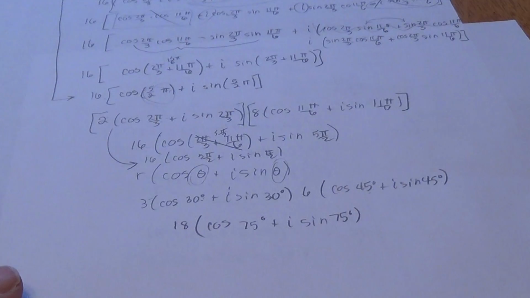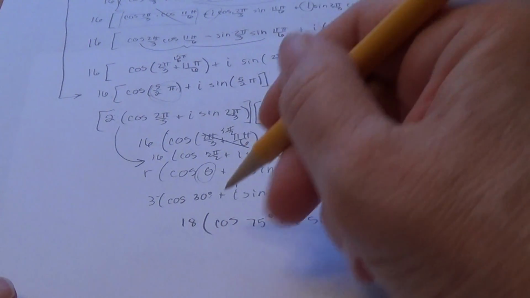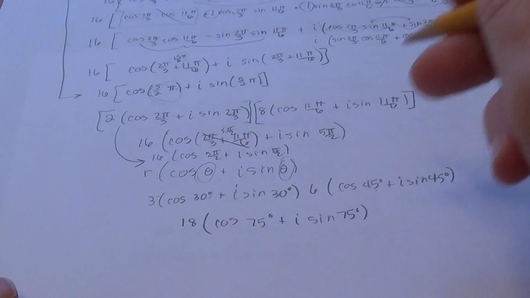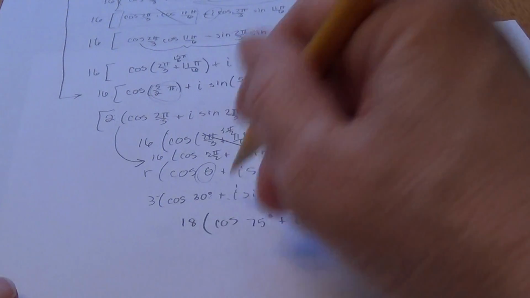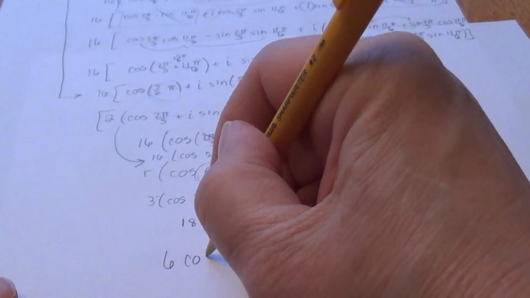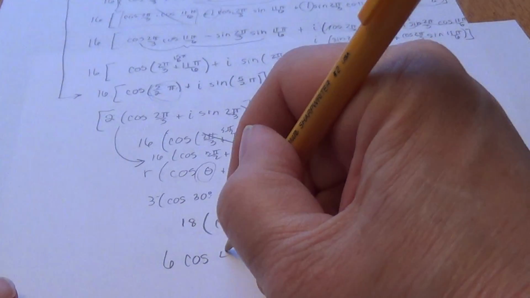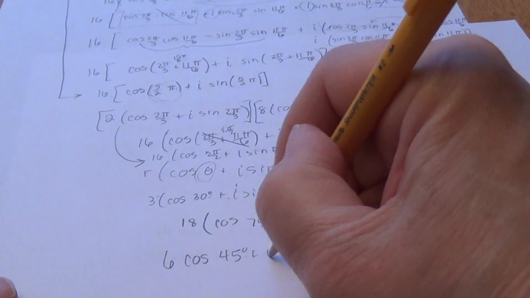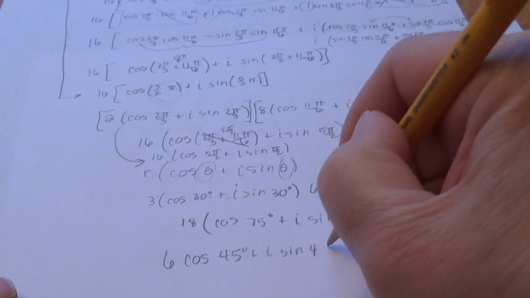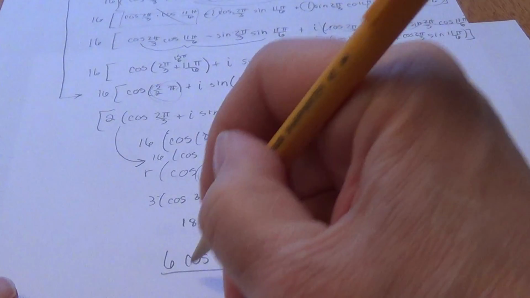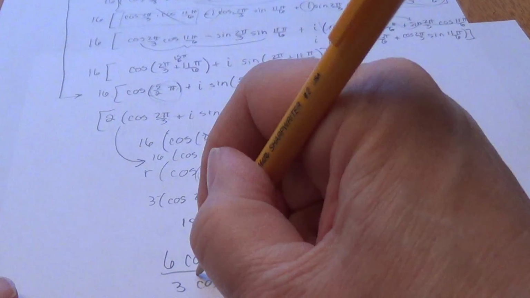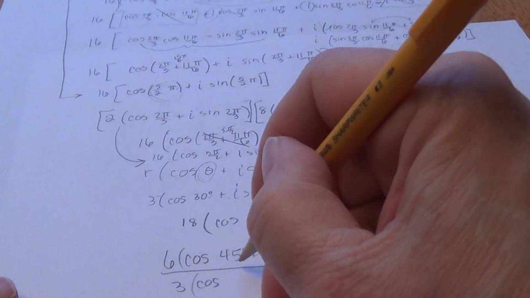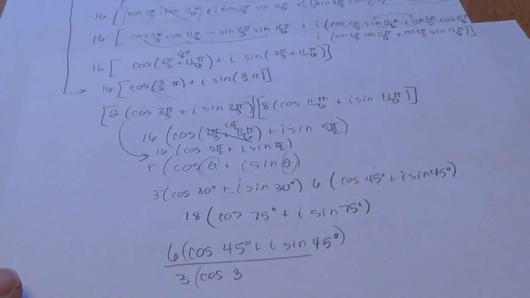Just a note before I sign off, division. If we were going to divide, say, this number, 6 cosine 45 plus i sine 45, by cosine 30 plus i sine 30, we're going to do a similar step. I'm not going to show you why, because it only follows a similar pattern.